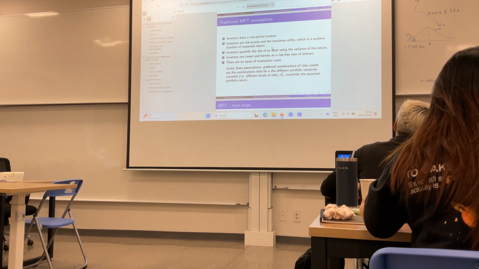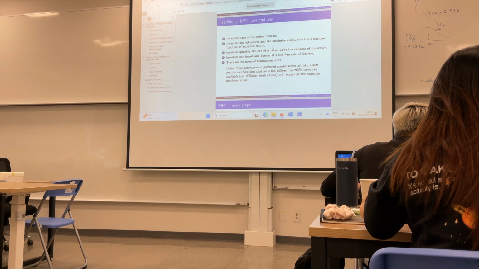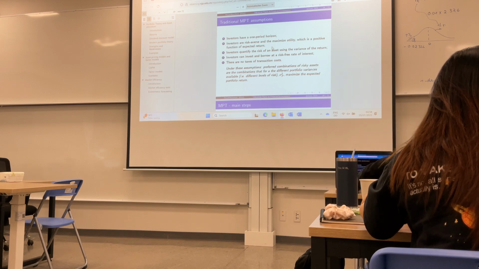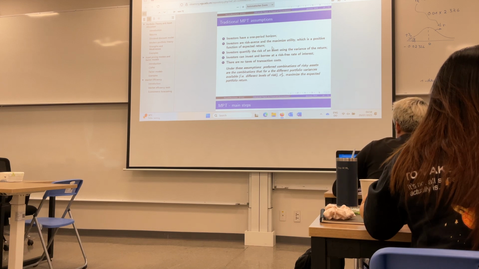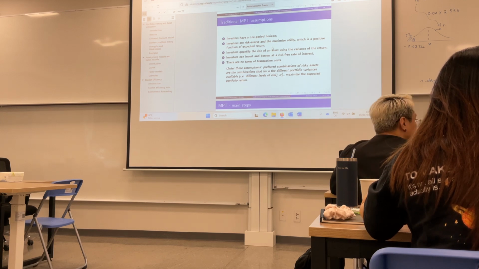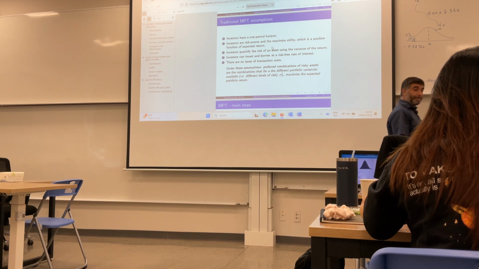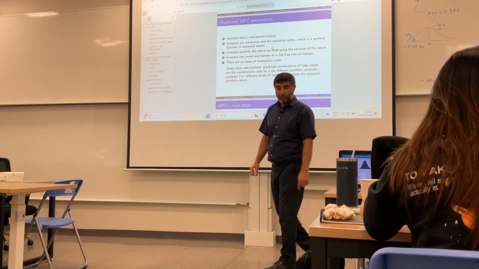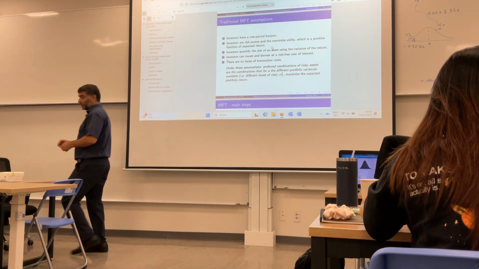So that will be the integral, the area that you have here, times R. That will be from minus infinity to value at risk alpha of R times the PDF. That becomes the expected shortfall.